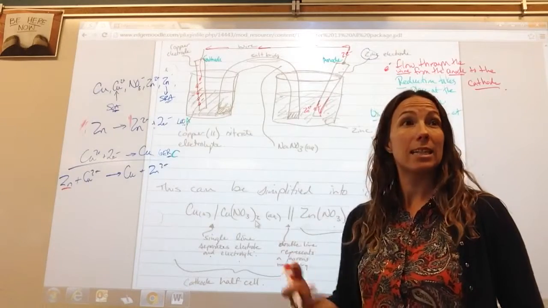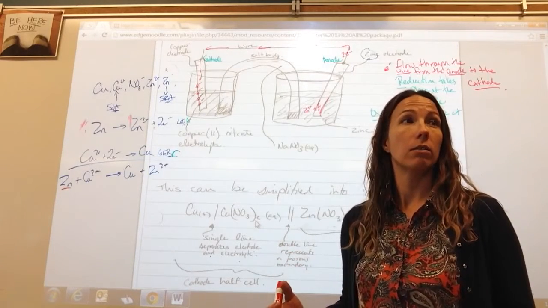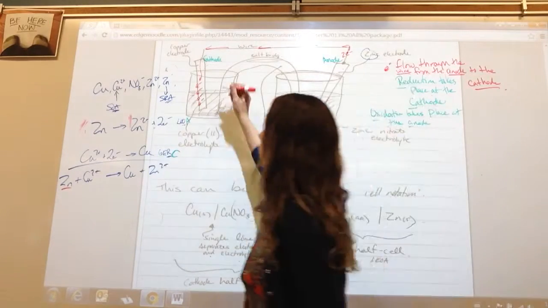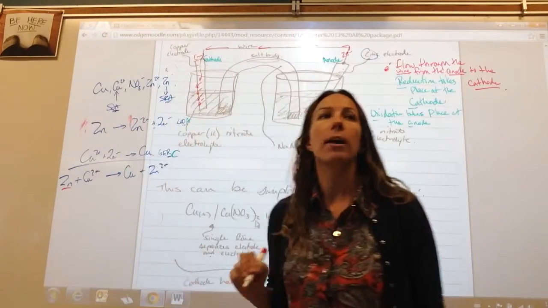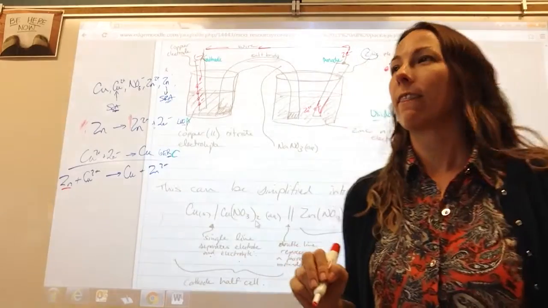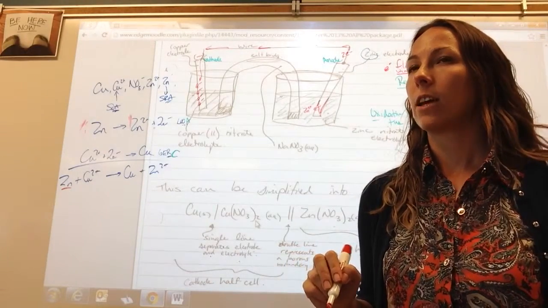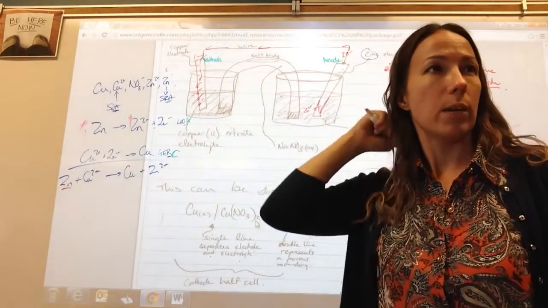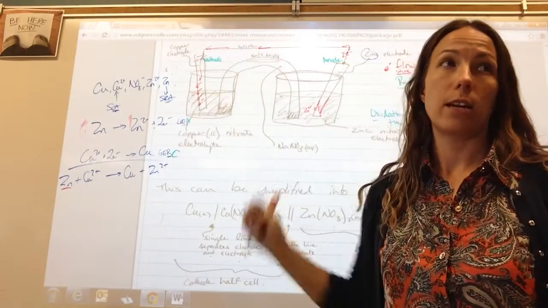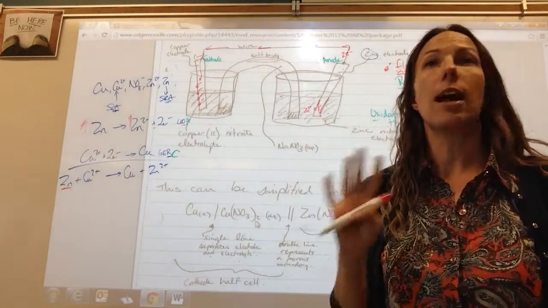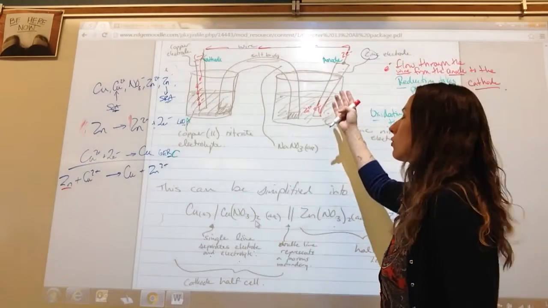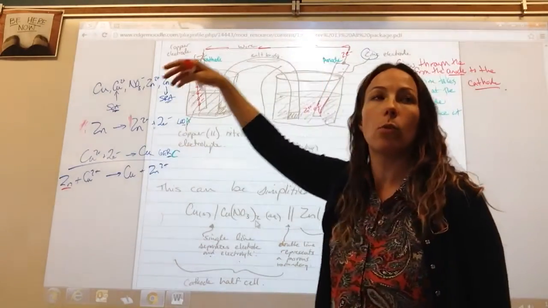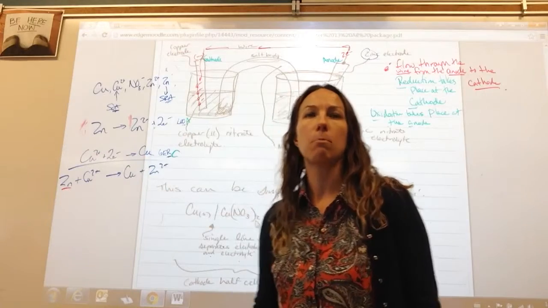So it has an excess of negative hanging out there. So therefore, it must be the negative terminal of our battery. So cathodes are negative in voltaic cells because I have a buildup of electrons there, because the electrons are leaving the anode, going through the wire and building up there.